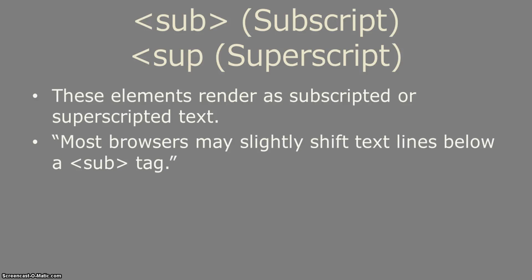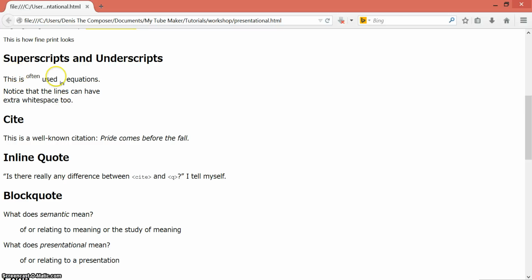So you have subscript and superscript. I'm having a hard time pronouncing right now. And these are, oh, I forgot an end tag here. And these elements render as subscript or superscript text. So you'll see here an example, and I was going to say they're often used in equations, and I already wrote it.